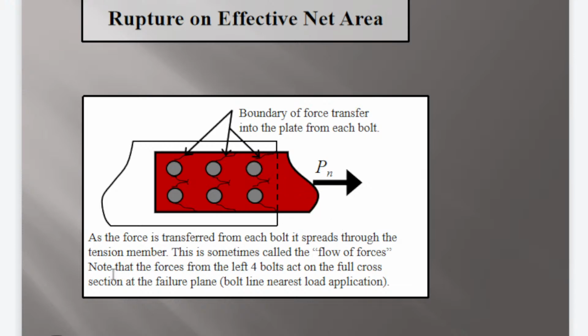The forces flow like this. Note that the forces from the four bolts on the left act on the full cross section at the failure plane, the bolt line nearest the load application. So these four on the left are compared to the first line.